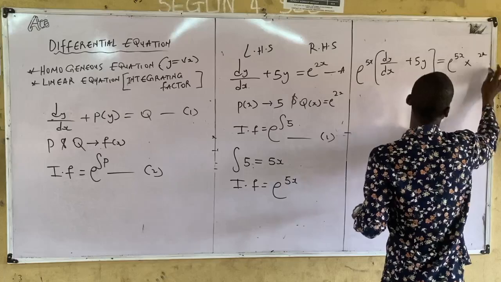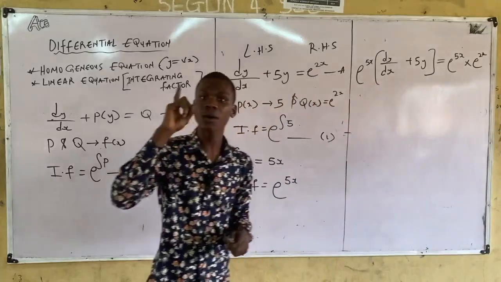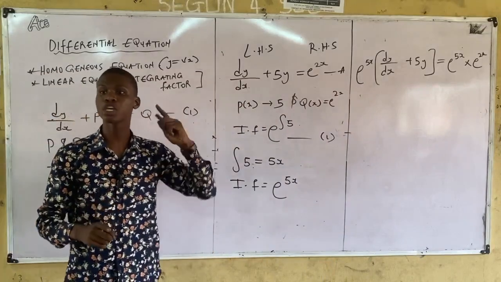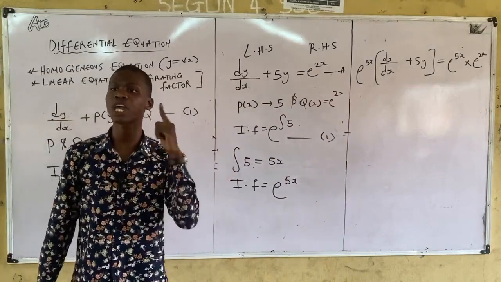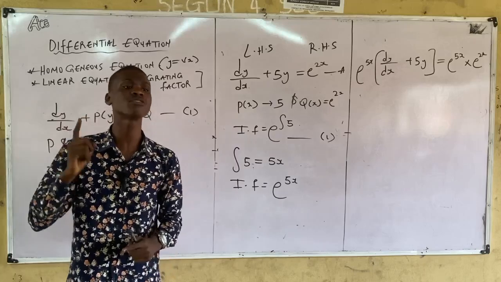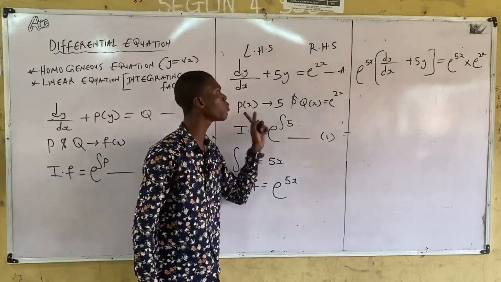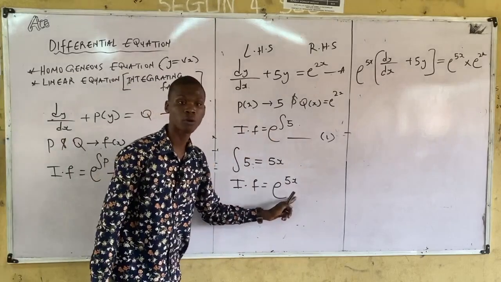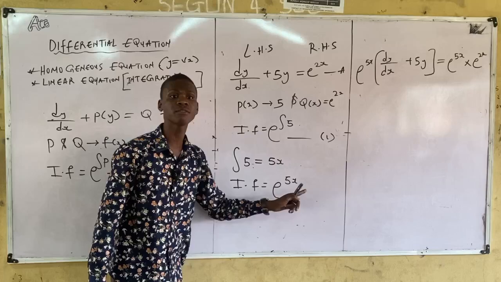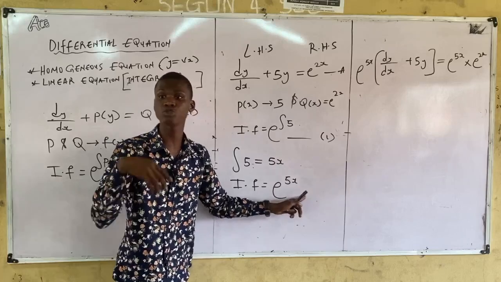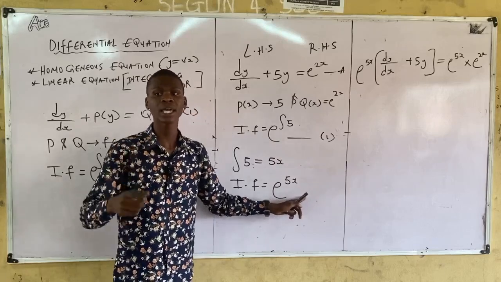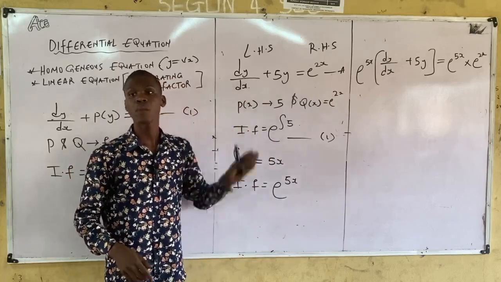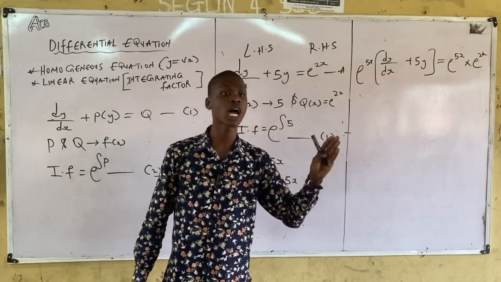What was the first thing that we did? We identified if it is a linear equation. If it is a linear equation, get the value of the integrating factor using this formula. In this case, this is my integrating factor. Having gotten your integrating factor, the next thing to do is to multiply it by the original equation: the left hand side and the right hand side of the original equation.